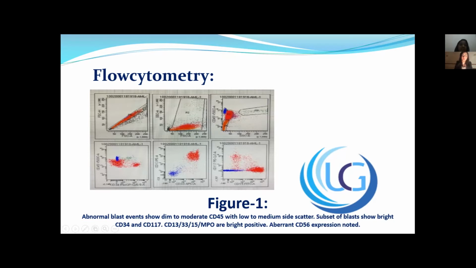So in this figure, abnormal blasts showed dim to moderate CD45 with low to medium side scatter. A subset of blasts show bright CD34 and CD117. CD13, CD33, CD15 and MPO are bright positive. Aberrant CD56 expression is noted.